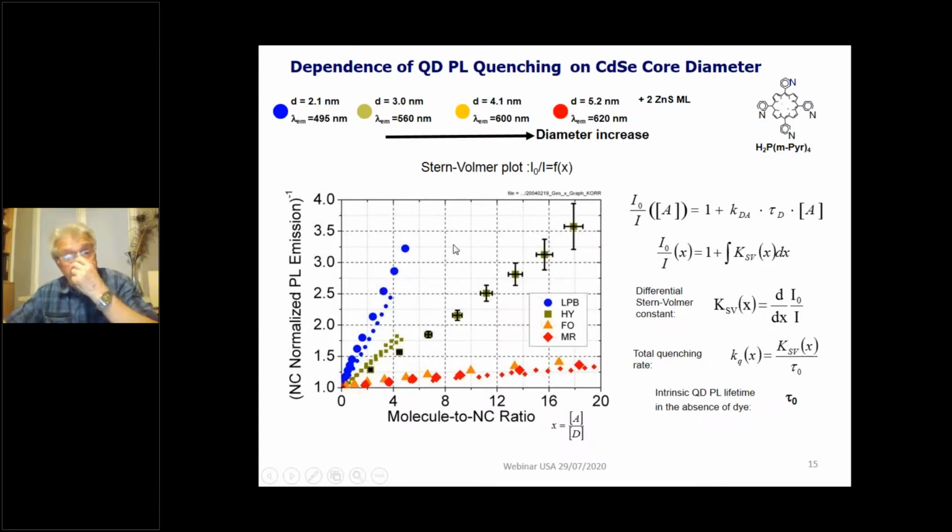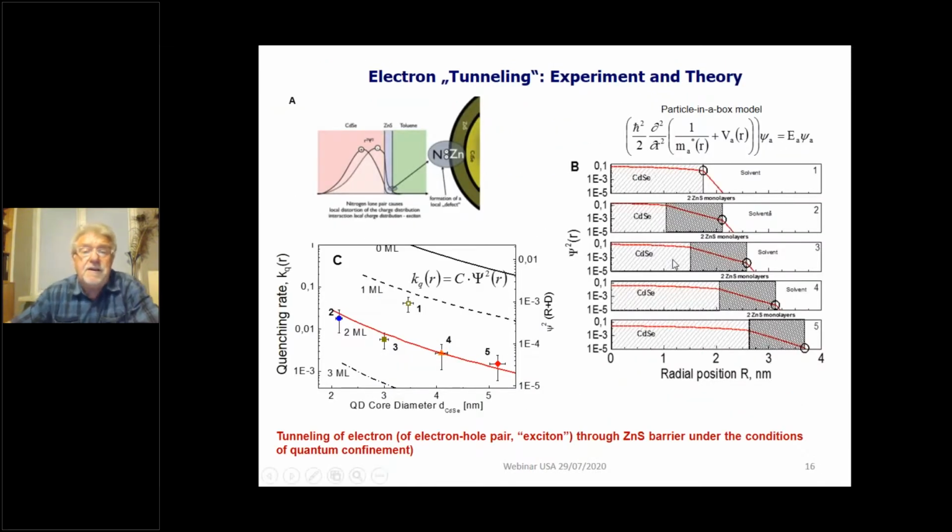We titrated our system with the same porphyrin, and we observed that the quenching is stronger for smaller quantum dots, these blue points. If the diameter of the quantum dots increases, the quenching process becomes smaller. This effect, as we explained, is connected with the so-called quantum size effect.